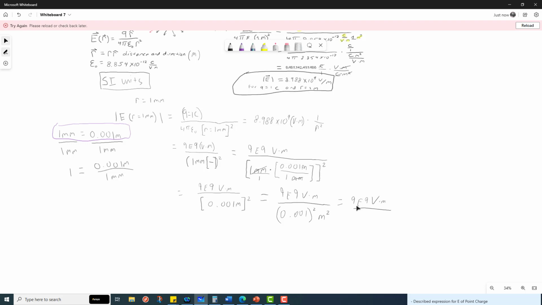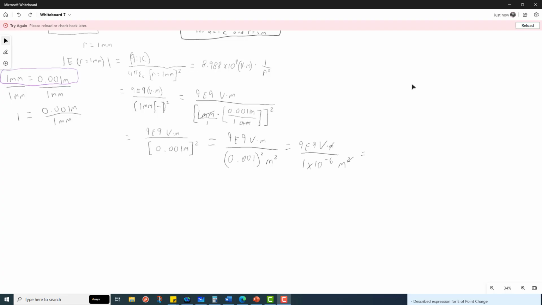So it's going to be 1 times 10 to the negative 6, because 3 times 2 is 6. And that was meter squared. But we cancel the meters up top. So now you might be tempted to reach for the calculator, but this intimidating looking calculation is probably not as bad as you might think.